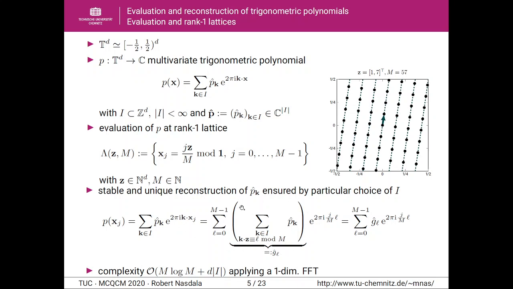Hence, we can group some of the corresponding Fourier coefficients together and ultimately end up with a one-dimensional Fourier sum. Hence, we come from a d-dimensional expression and simplify it to a one-dimensional expression. And therefore, we also only need a single one-dimensional fast Fourier transform, which is fantastic.